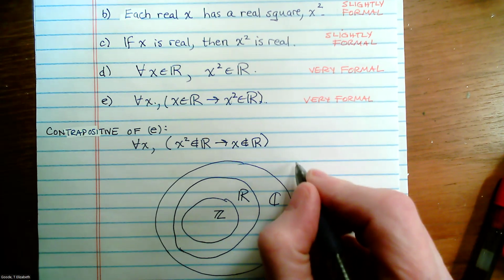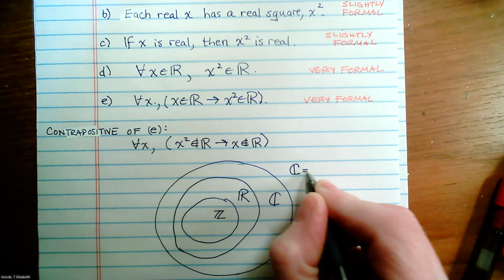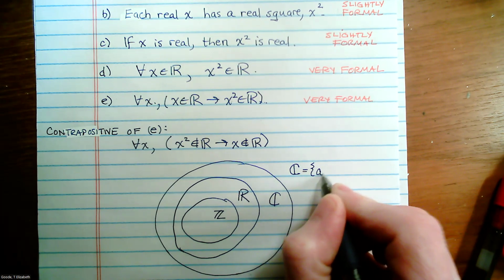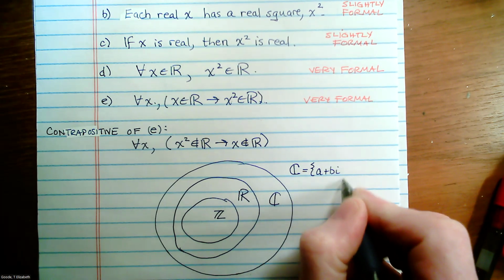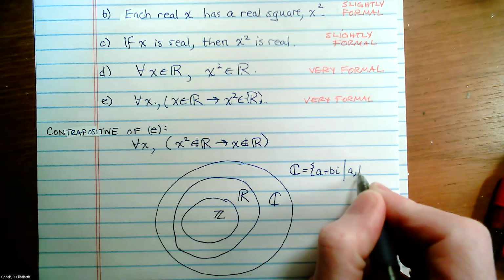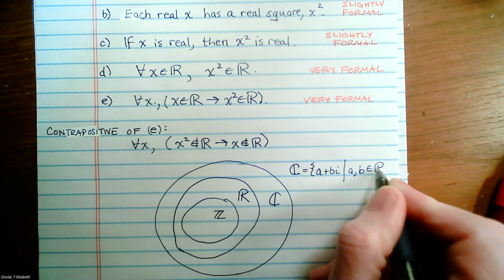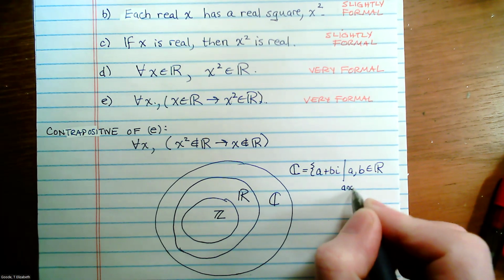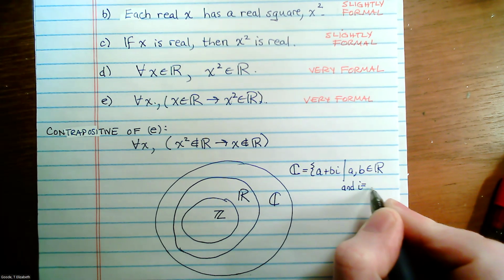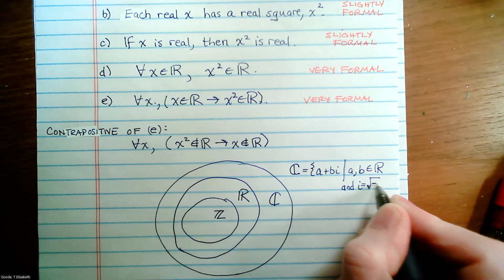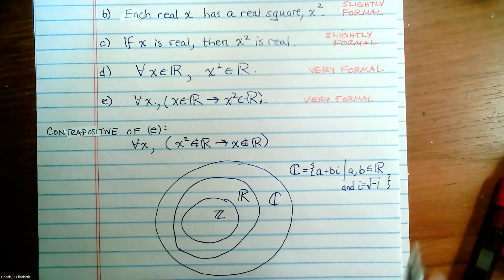Complex, that's A plus BI? Yeah, the complex numbers look like A plus BI such that A and B are in the reals. And what do you know about I? I is imaginary. Yep, it's the square root of -1, which is imaginary.